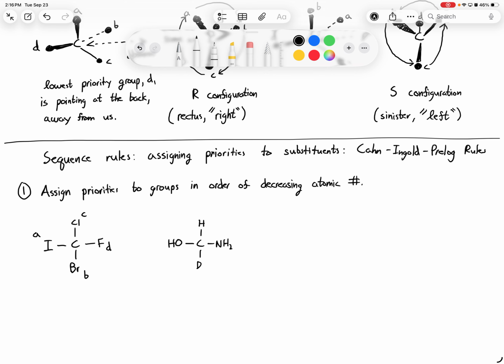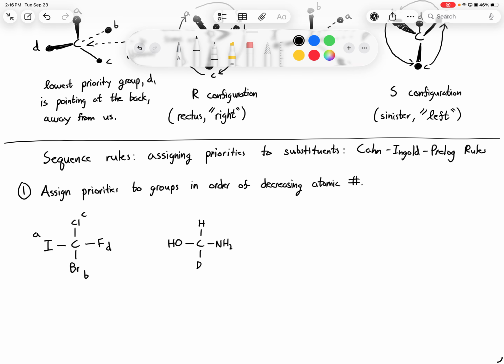So which one would have the highest atomic number? Close. Nope, not NH2. So which element comes the furthest down the periodic table? It's not D. D is an isotope of H, so that doesn't count.